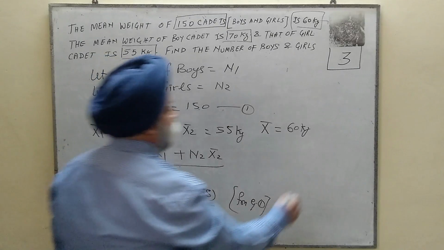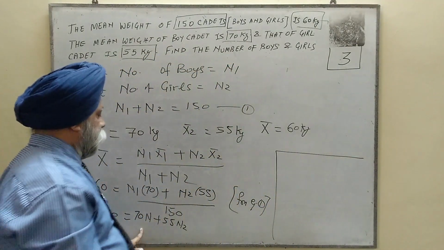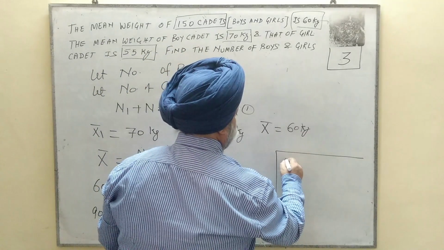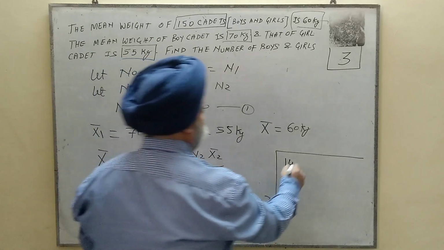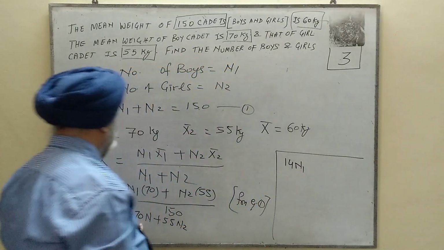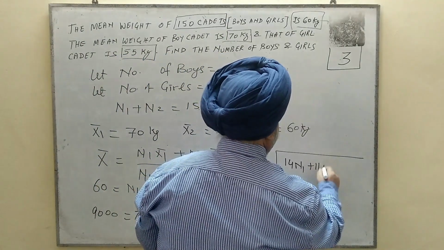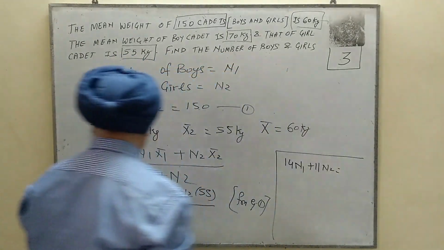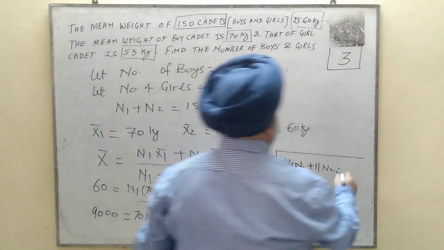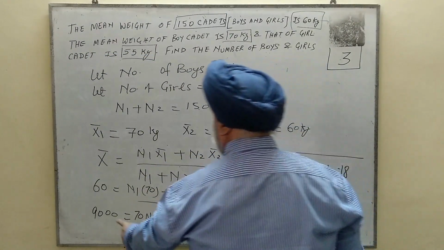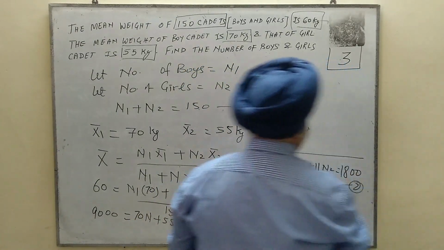On dividing the entire equation by 5, we get 14 N1 plus 11 N2 equal to, इसको हम 5 से डिवाइड करेंगे, 5 1 जा 5, 5 8 जा 40, 1800. This is the second equation.